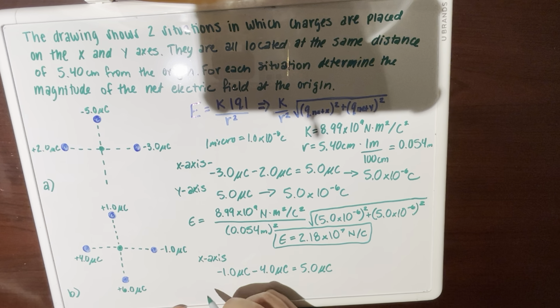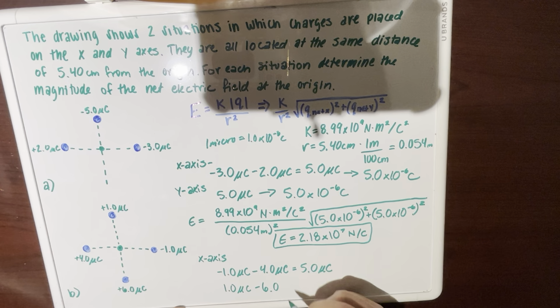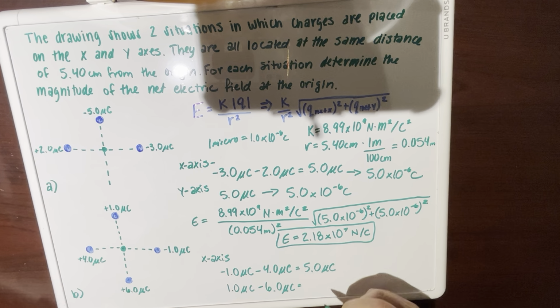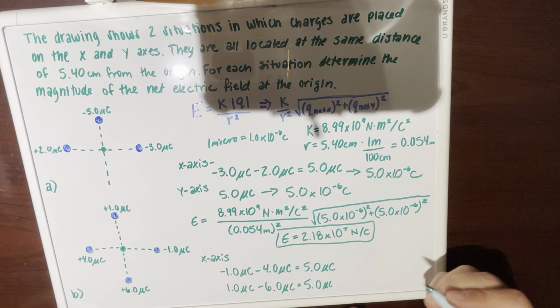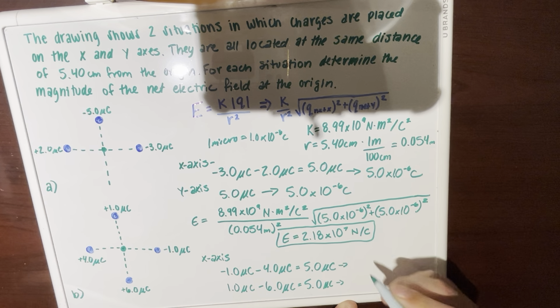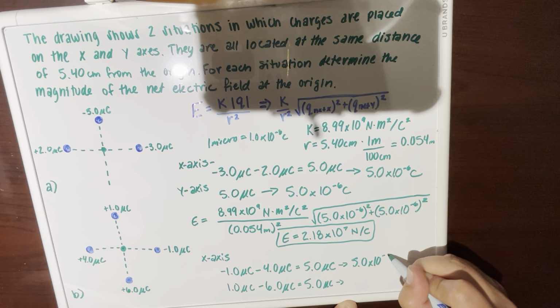And for here, we're going to have 1 minus 6, since we're going down. And that would again be negative 5, but we want the absolute value, so it's going to be 5. And we're going to do the same thing here. These are both going to end up being times 10 to the negative 6.